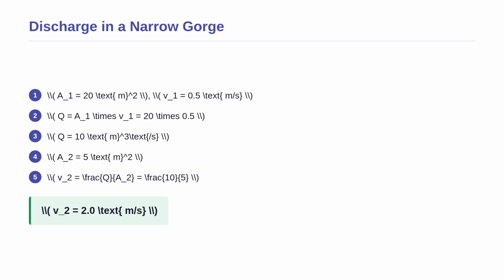Further downstream, the river enters a narrow, rocky gorge where the area shrinks to just 5 square meters. Because water cannot be compressed, that same 10 cubic meters must push through the gorge every second. We rearrange our formula, dividing the discharge of 10 by the new area of 5. This gives us a new velocity of 2.0 meters per second. The water must flow 4 times faster to get through the smaller space.